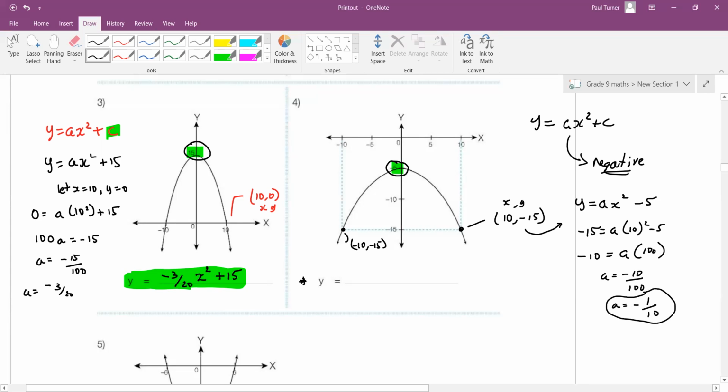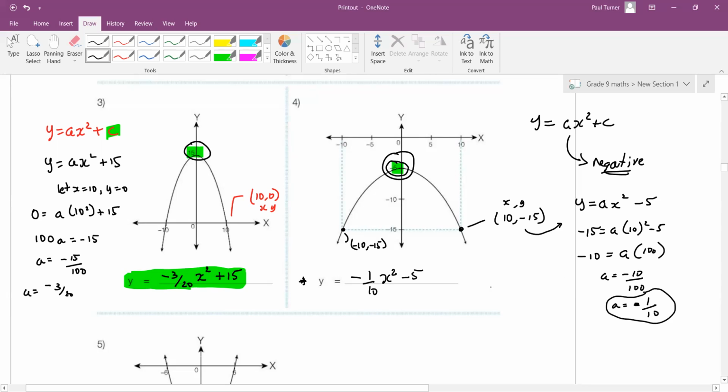So how did you miss that? Okay, so that's negative 1/10. And we know that must be correct because we can see the graph is upside down, which means we must have a minus sign here. So we have y equals minus 1/10 x squared minus 5 for the y-intercept. You should get that equation there.